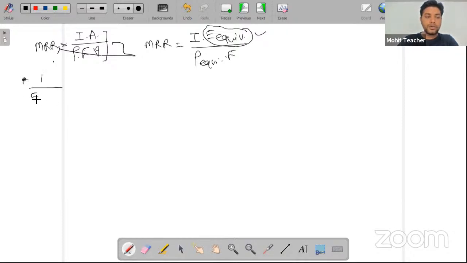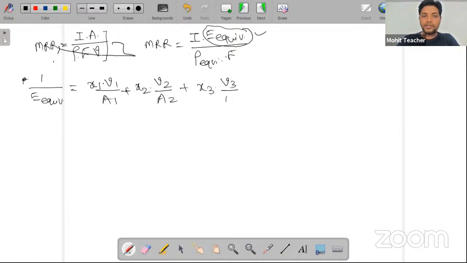That will be 1 by E equivalent equals x1 by e1 plus x2 by e2 and so on. I write e1 in terms of a1 and v1, so this is x1 into v1 upon a1, plus x2 into v2 upon a2, plus x3 into v3 upon a3, plus x4 into v4 upon a4.